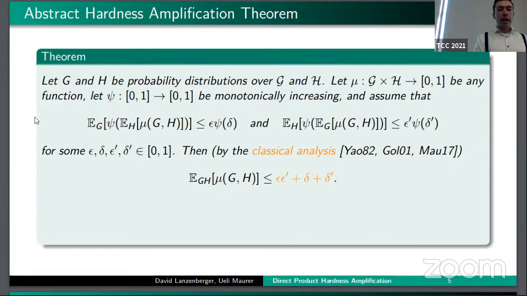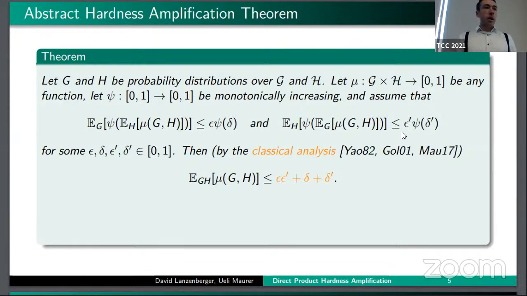Then we relate these three expectations, where we nest in a different way. This corresponds to the winning probability of the reduction towards G, and this towards H, and this here is the winning probability of the AND of the two games, showing that this is smaller than these individually.